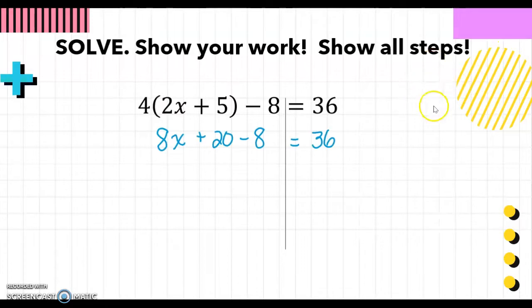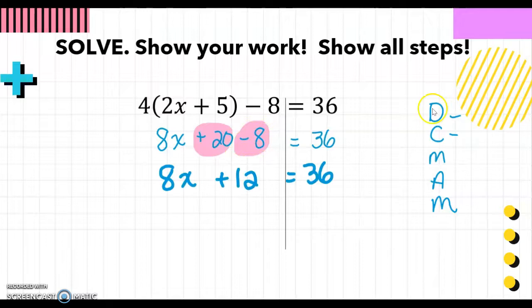All right, for this type of problem again, remember, don't call me after midnight. D stands for distribute. You can see I distributed. We're going to bring down the rest of the problem. The C stands for combine like terms. Here I can combine this 20 minus 8. When I combine, I get 8x plus 12 equals 36.